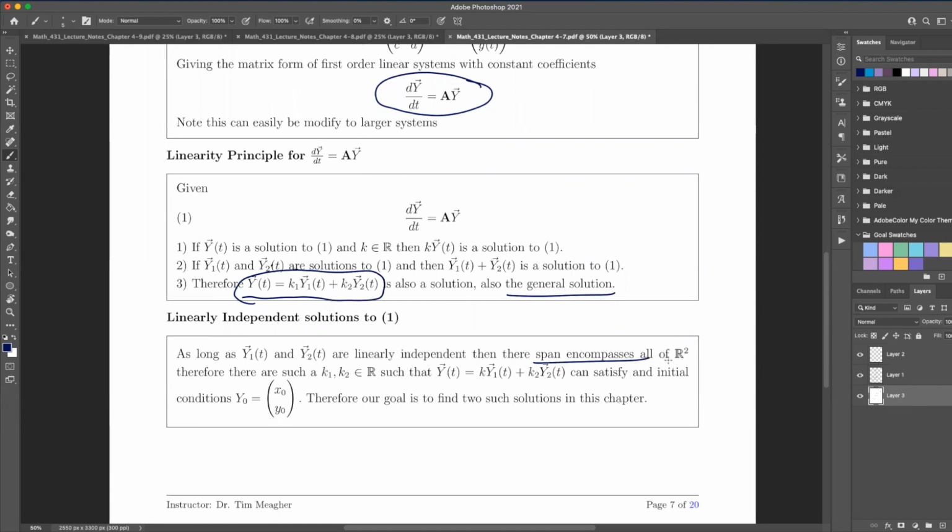So basically, there's a theorem in linear algebra: if I have n linearly independent vectors in the space Rn, the span of those vectors is Rn. So here, if we have 2 linearly independent vectors for R2, R2 is the real plane.